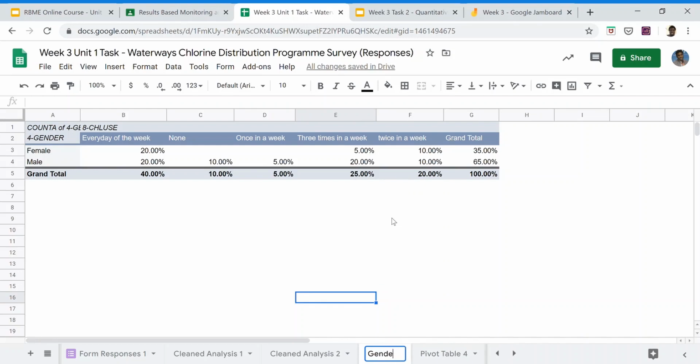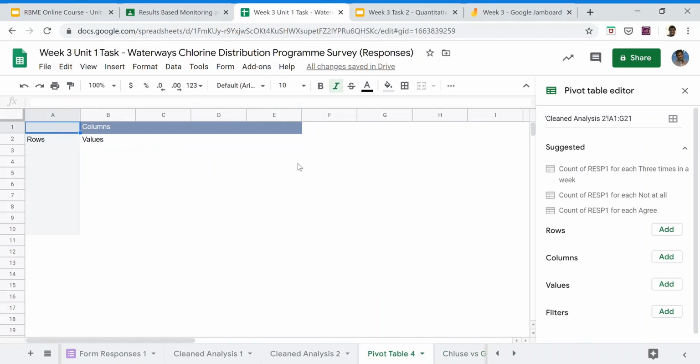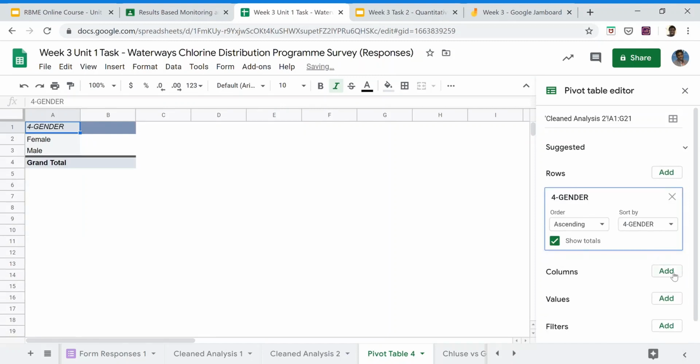Gender versus, no, let's say CHL use versus gender, so I can quickly see it. So let me take this back and have this as a pivot. And don't forget, you could play around with these columns.